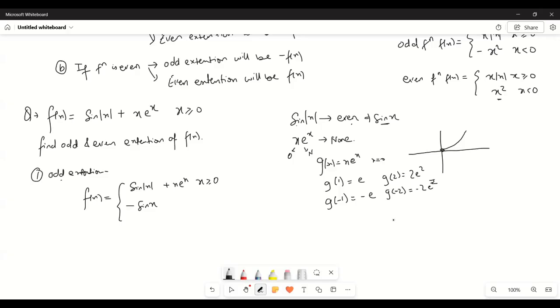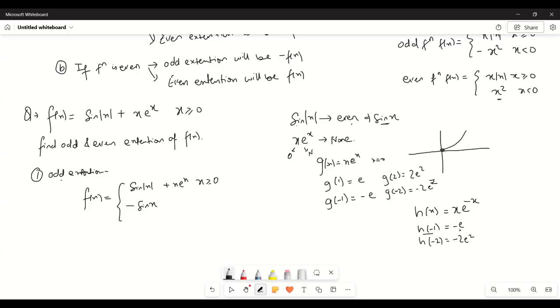Yes, sir. Okay, now look, how should we design a function h x so that h of minus 1 is minus e and h of minus 2 is minus 2e square? So can we say that x should be multiplied by e power minus x? So if h x would be x e power minus x, then what would be h of minus 1?